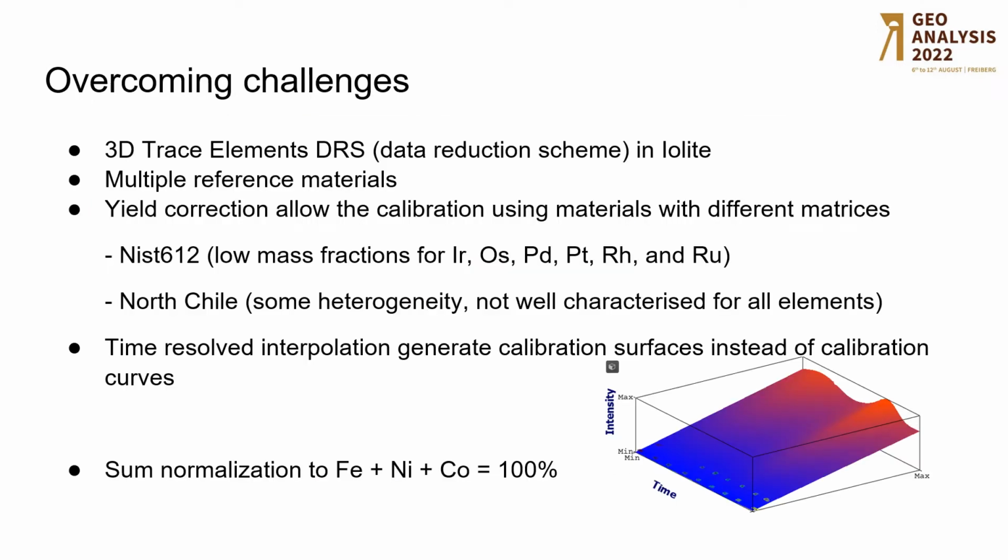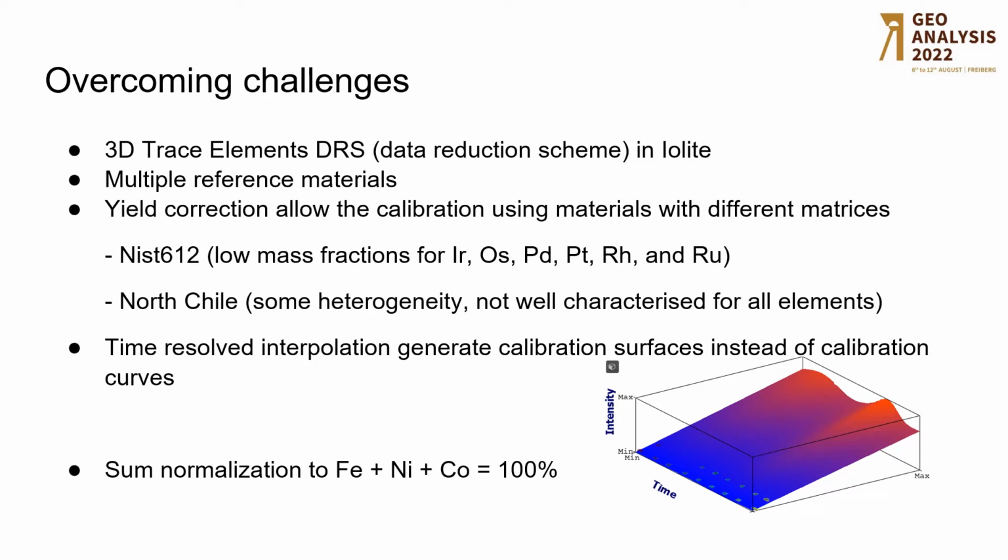To deal with the analytical challenges, we used a new data reduction scheme called 3D Trace Elements. This DRS allows including the signals of multiple reference materials for calibration and corrections. We adopted NIST 612 together with an iron meteorite called North Chile for calibration.